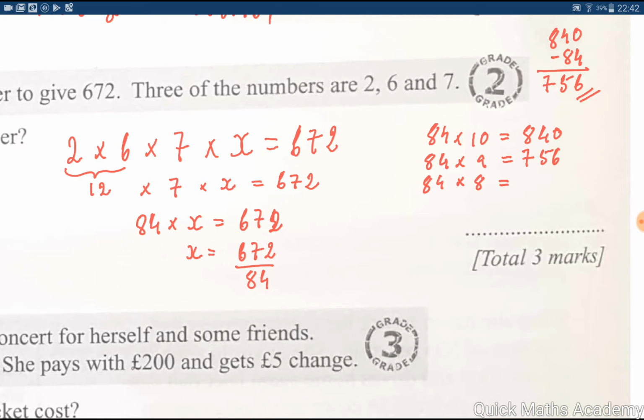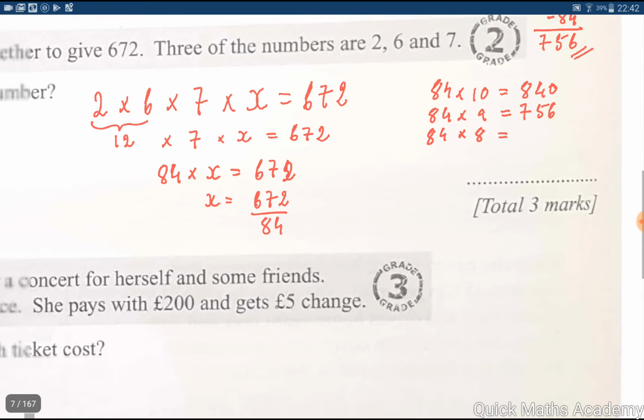So if I take away 756 minus 84, 4 to 6 is 2, 8 to 15 is 7, 1 to 7 is 6. You see? 672. So I know immediately that my x is 8.